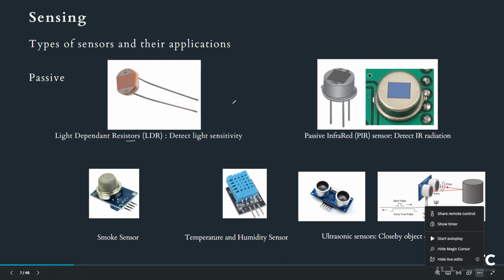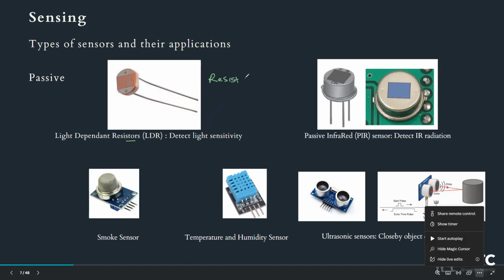And when we talk about light dependent resistors, we call them LDR sensors. LDR sensors detect the light intensity in the environment, and these sensors show an output voltage based on the light intensity.